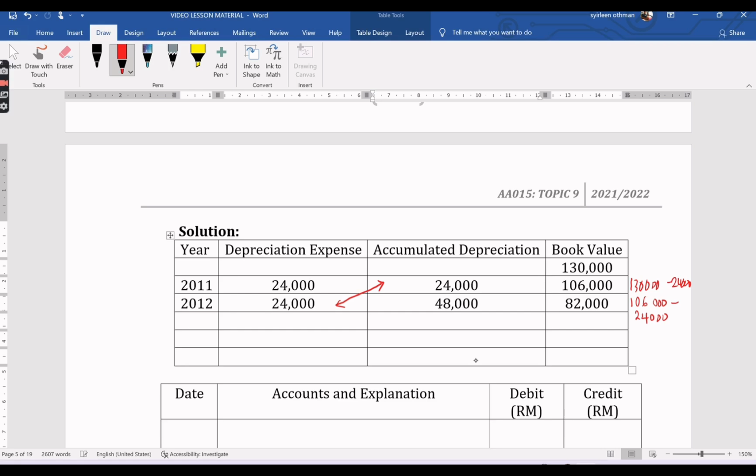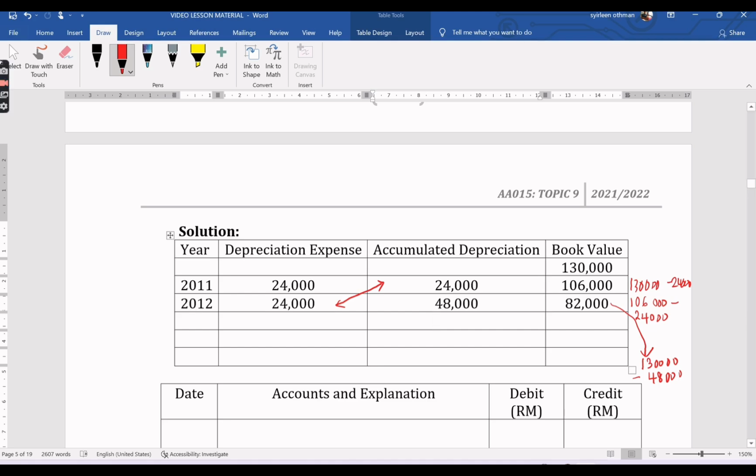Or in other ways, this 82,000 is also 130,000. When you present it in the financial position, you're still going to use the amount of 130,000, but minus 48,000, which is the latest amount of your accumulated depreciation. That's why you come out with the amount of 82,000.